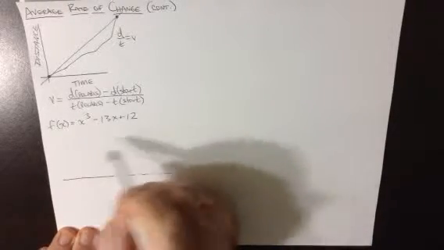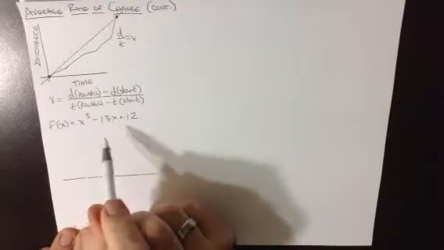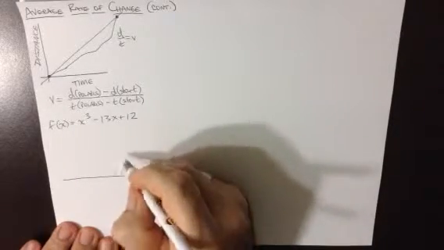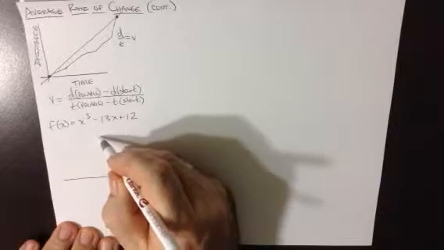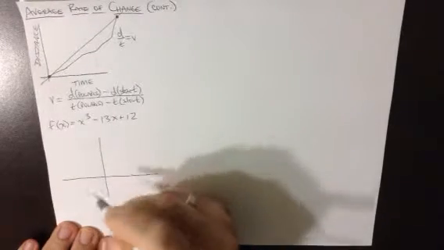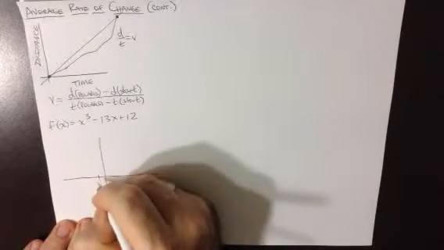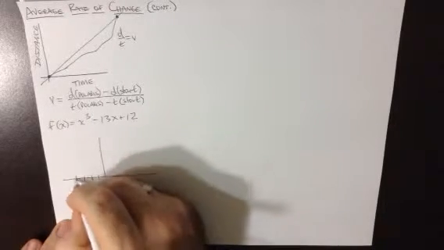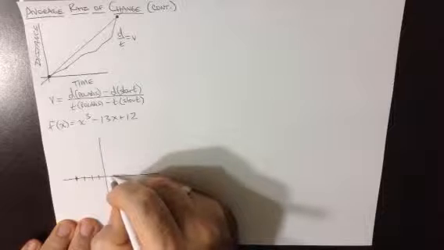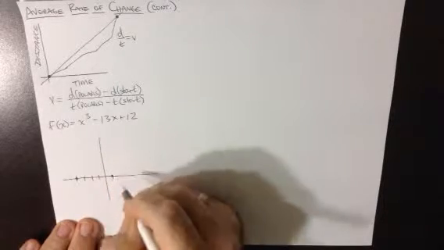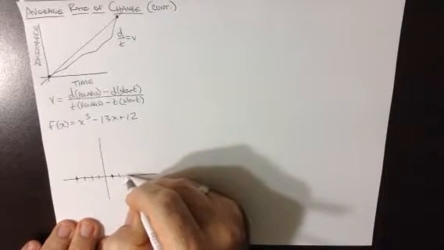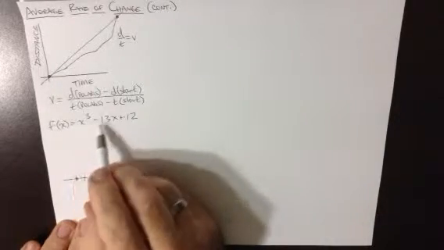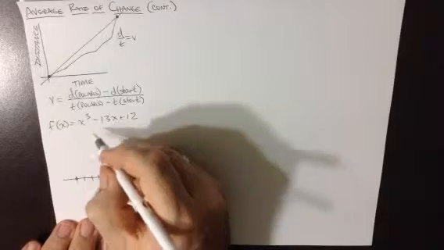I went ahead and factored this, and I'll do that in a minute, but just for now I want you to see just a little sketch of this. We are going to cross the x-axis at -4. It's also going to cross the x-axis at 1. It's also going to cross the x-axis at 3. And when x equals 0, the function is 12.